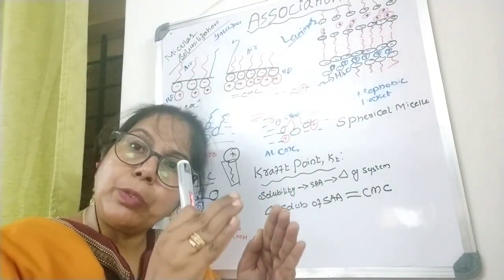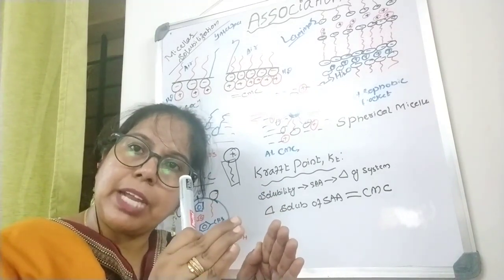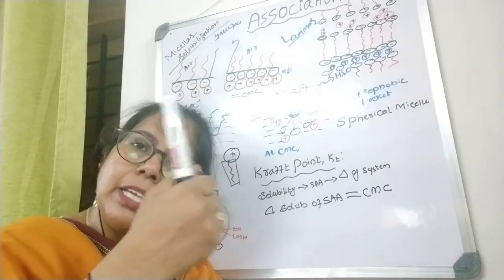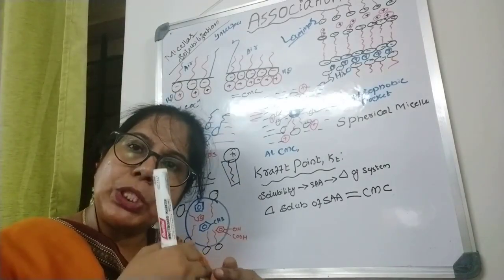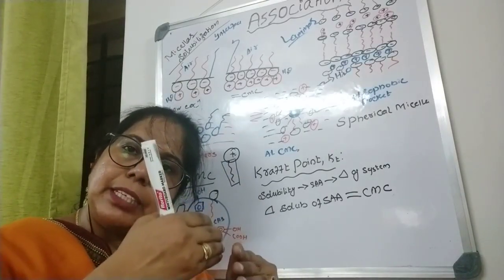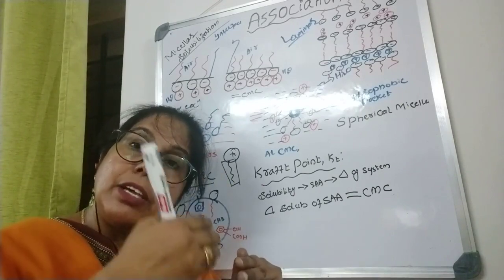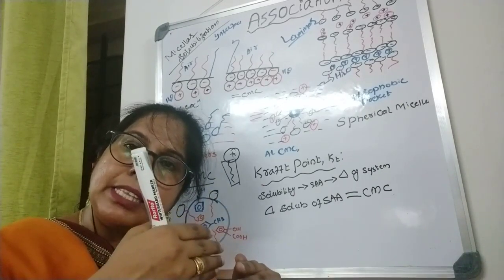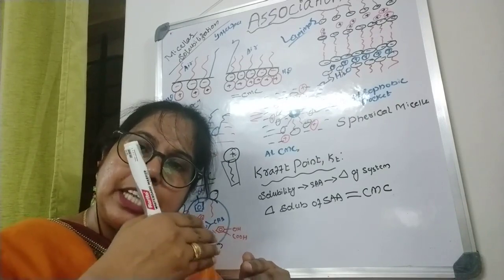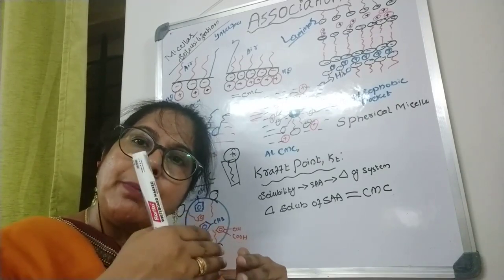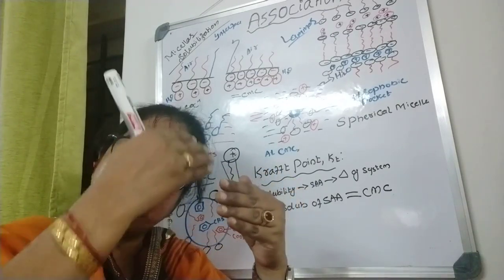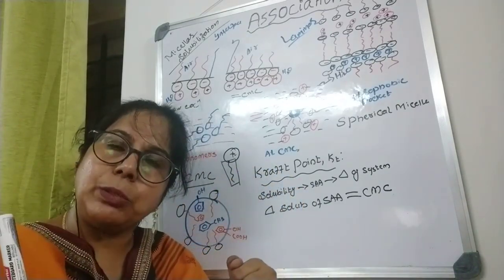It will form two types of association colloids: one spherical in shape and the other laminar in shape. Usually the spherical will be present at the top or in the bulk, whereas the laminar type of micelles will form a dynamic equilibrium of micelles along with the dispersed particle in the bulk of the solution.